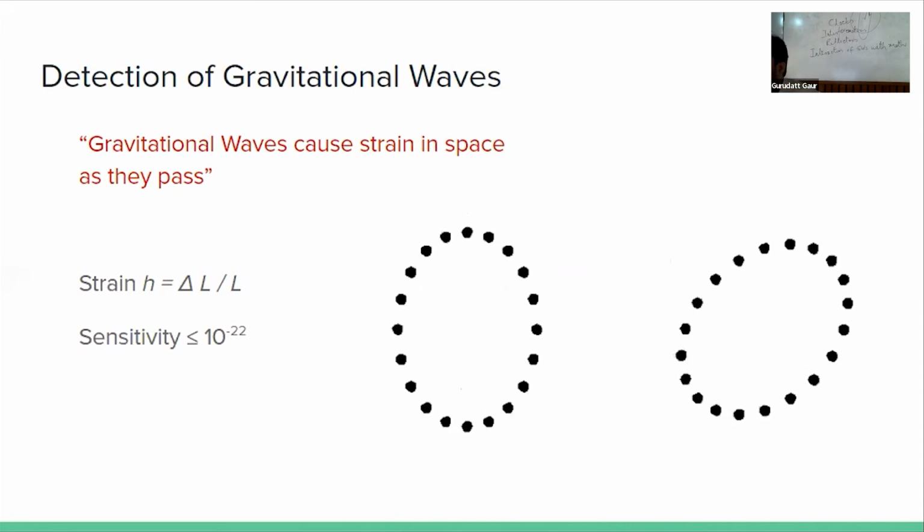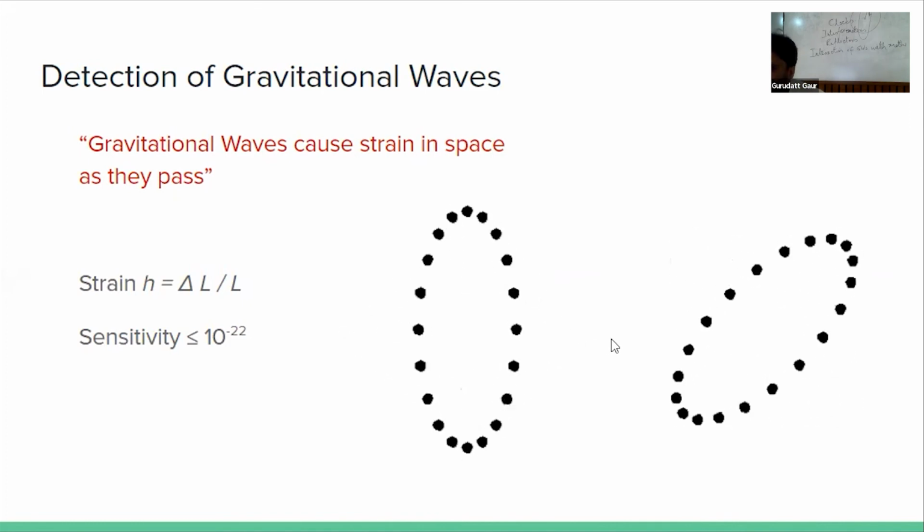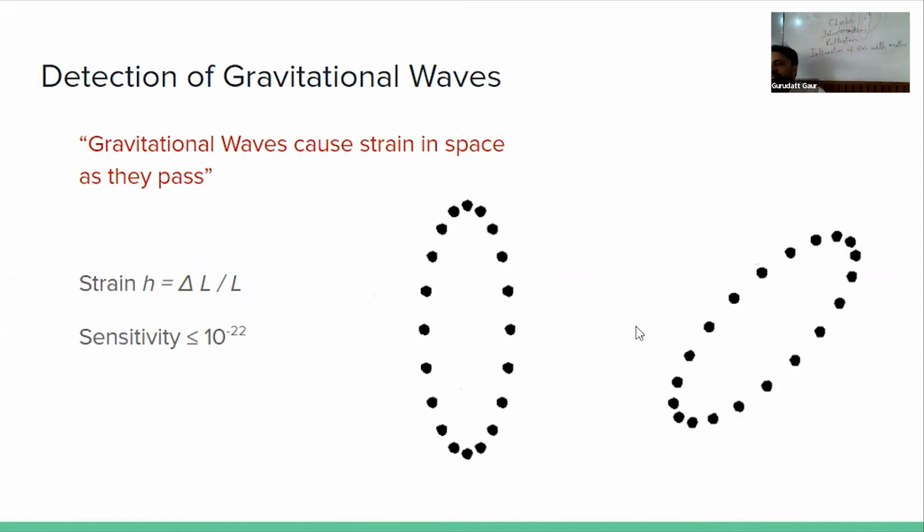Right? So now what is the scheme? You put a mirror at one of these test masses, and another mirror perpendicular to it in this direction, and you put them as far away as possible. Why? Because you want to make L very, very large.